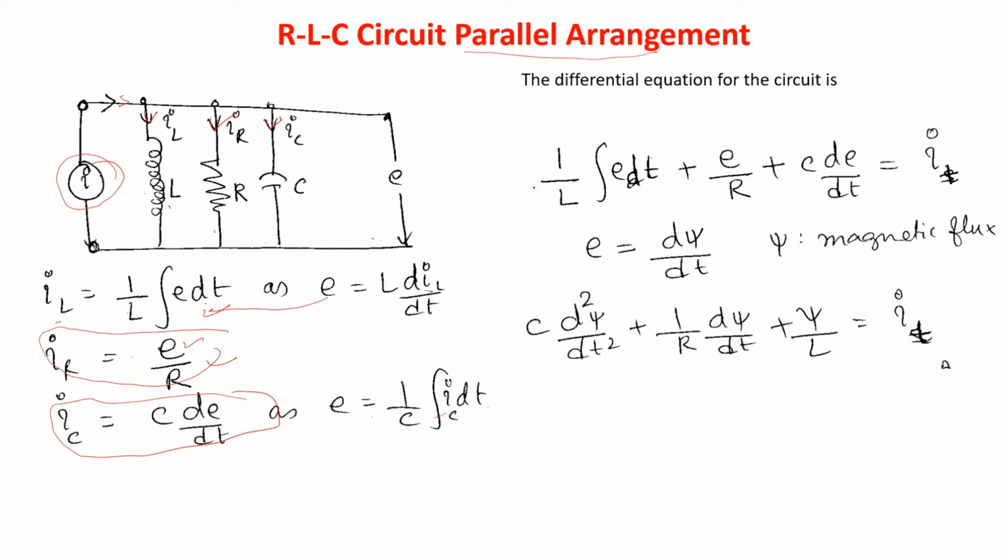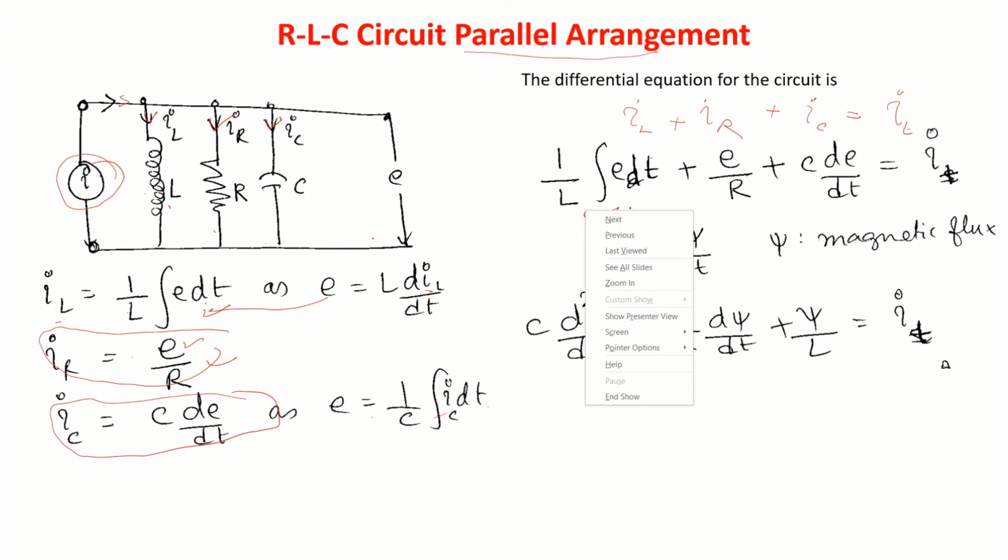So the whole equation is IL plus IR plus IC equals I total. Voltage is the same, so I substitute for IL, then IR, then IC.